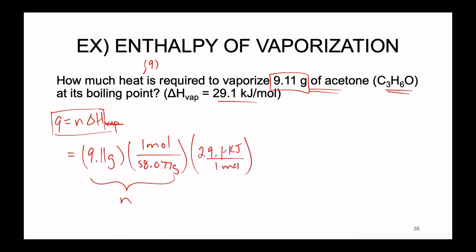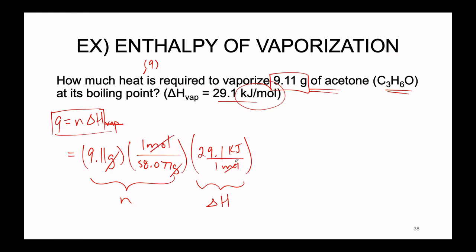The reason I'm writing it like this, with the 1 mole specifically in the denominator, is because this is the second way that we could solve our problem. Even if you don't remember the equation n times delta H, we can still use the units to figure out how much heat is required. We're given grams in the problem, we can easily figure out the molar mass to get into moles, and we have a number in units of kilojoules per mole.